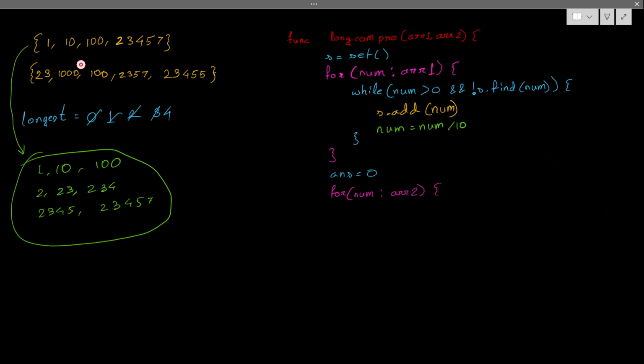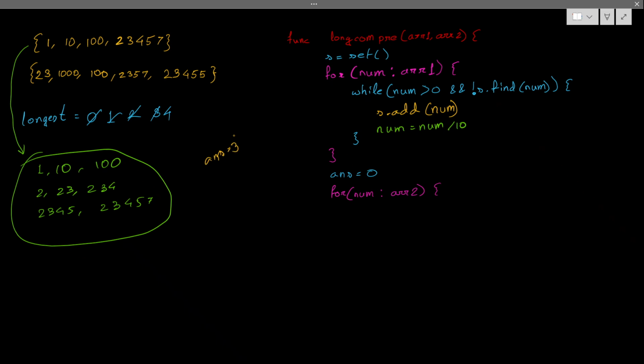So if 1000 is not present, I'll take 100. 100 is present, so I'll update my answer again. If 100 is present, then what is my answer? Answer will be my 3.